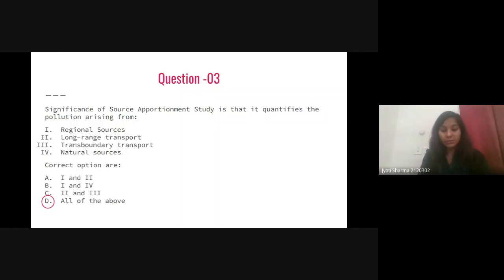You have to see whether your pollutant has been transported to a different boundary, and then it may be from natural sources. Whenever you are calculating the contribution, of course you need some kind of dispersion model. If you read about the Gaussian model, it is doing nothing but, whenever there is pollution out of a chimney, estimating in what direction and at what distance the pollution will be dispersed.